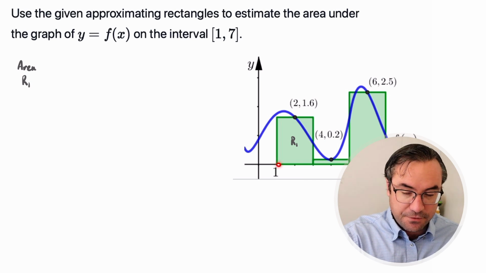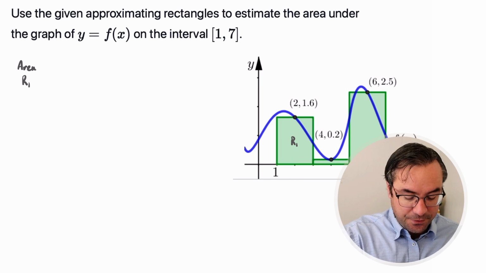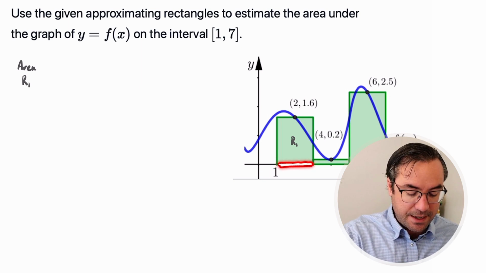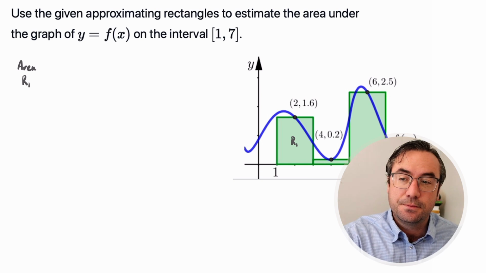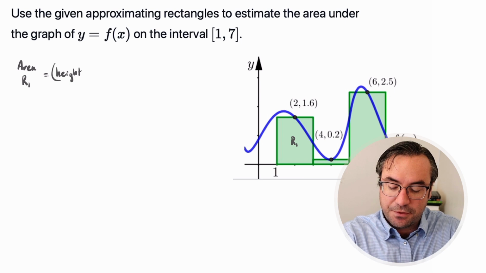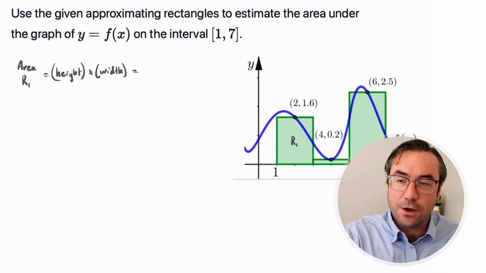If we look at our x-axis, we're going from 1, then 2, and then 3. So the width of this rectangle is 2. In general, it's going to be height times width for that first rectangle, and the width we know is 2.